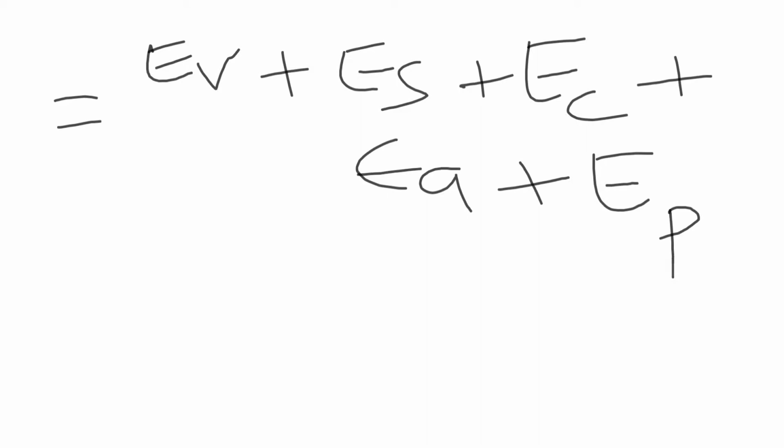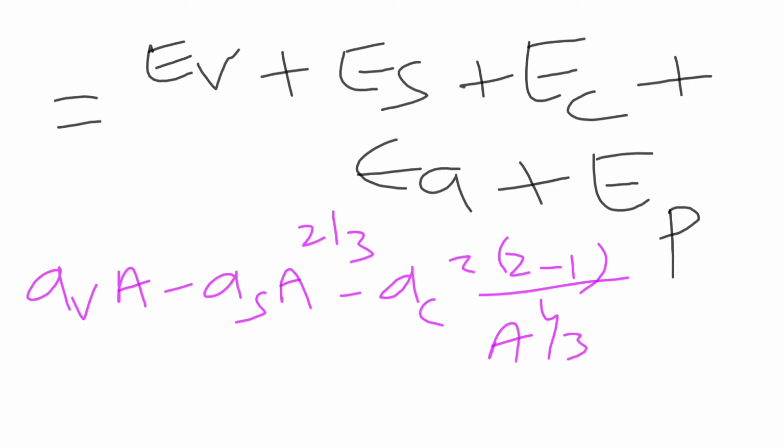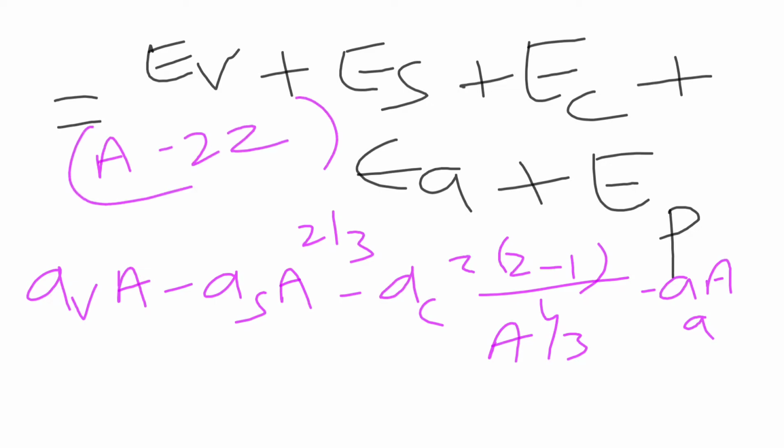Finally we get the final expression: a_V A minus surface energy term a_S A power 2 by 3 minus Coulomb energy a_C Z into (Z minus 1) divided by A power 1 by 3 minus asymmetric energy a_A into (A minus 2Z) whole squared divided by A plus E_P.